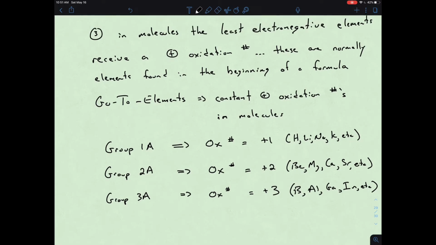So the least electronegative receives a positive oxidation number.